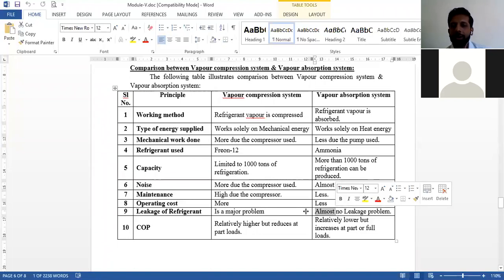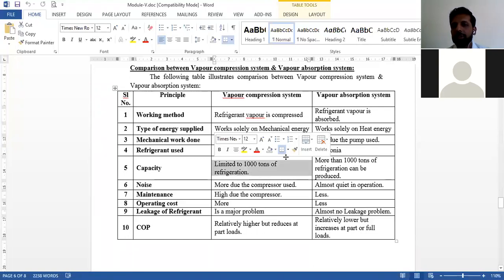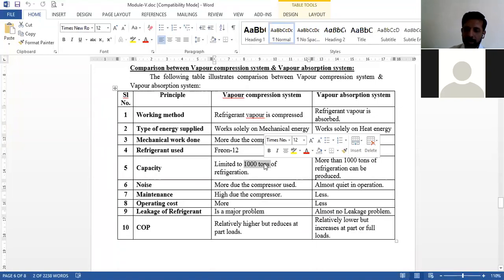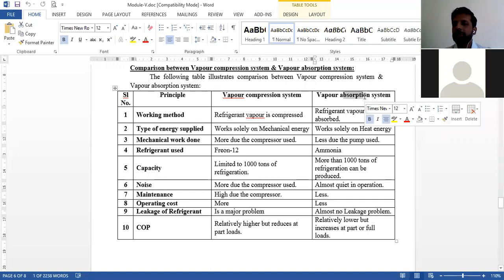Now coming to why we limit the compression system to below 1,000 tons and use the absorption system above 1,000 tons. It is because of efficiency and part loads. For smaller capacities of refrigeration, the compression system works better; its efficiency is better and it is economical too. But for the same refrigeration effect, if you use an absorption system, it is going to be very costly.